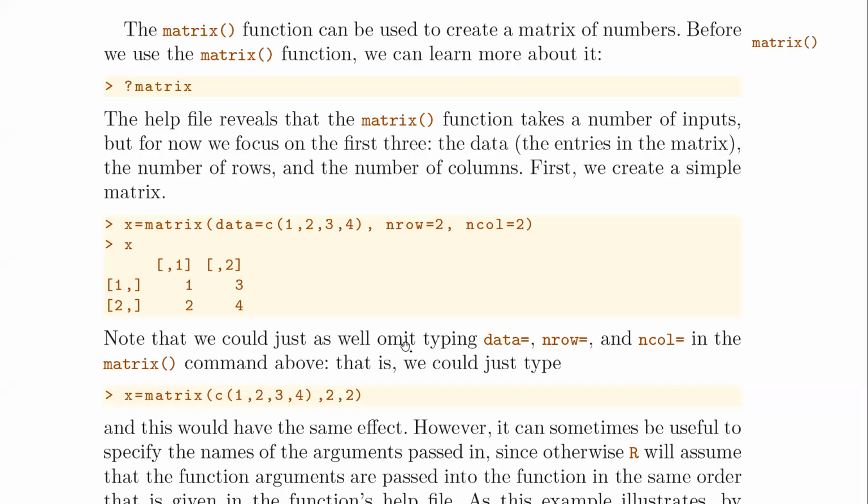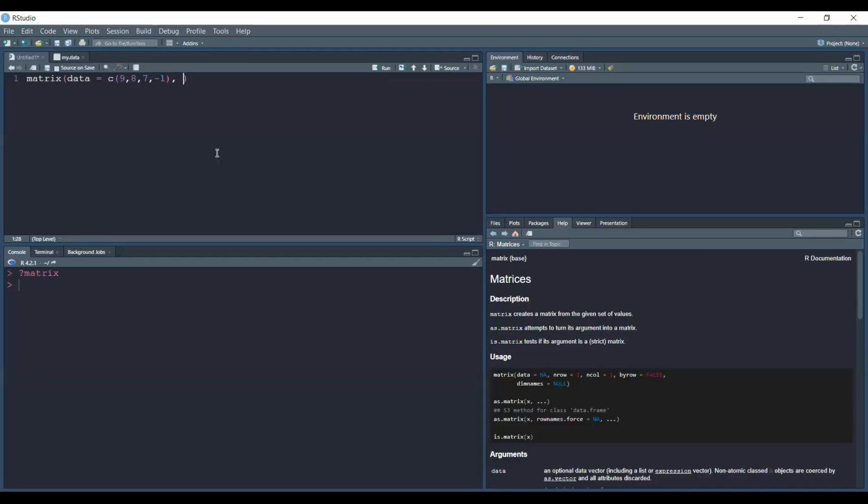It doesn't change the syntax. That space makes no difference. Now it's saying nrow, the desired number of rows. So we'll take 2, and ncol, we'll take 2 again. I'm going to leave everything else at default.